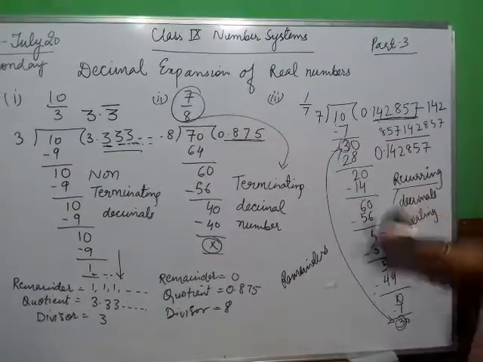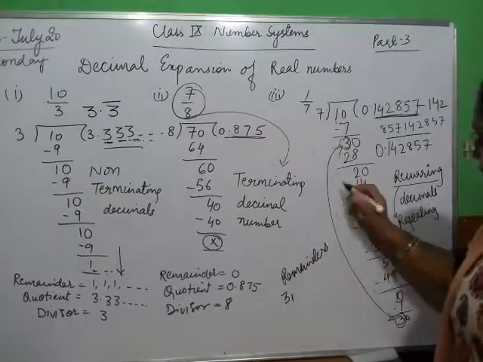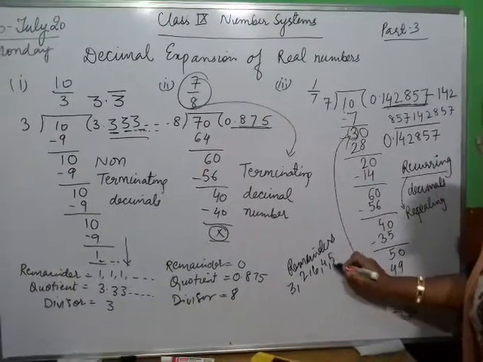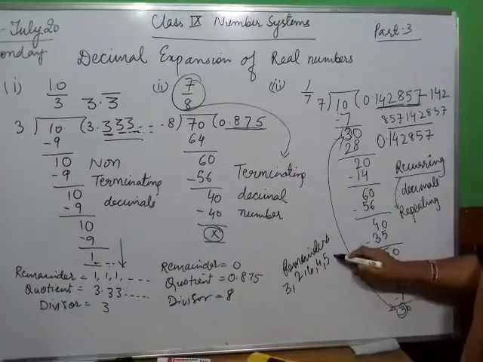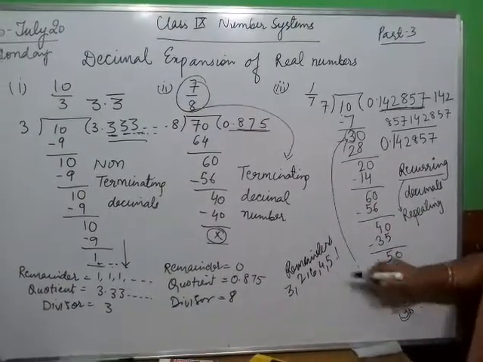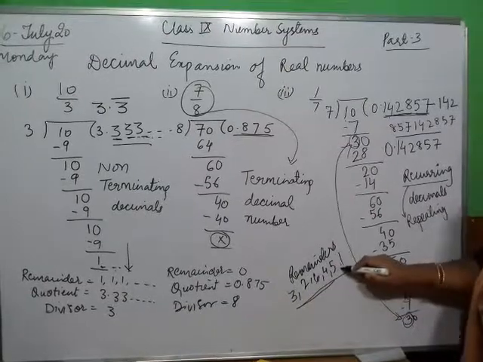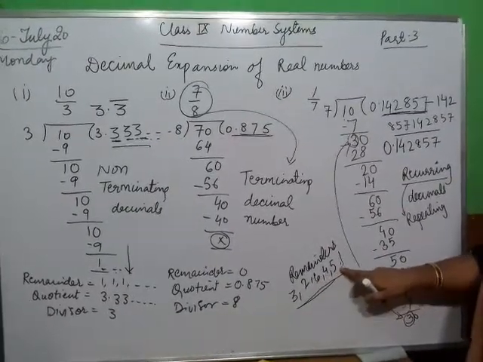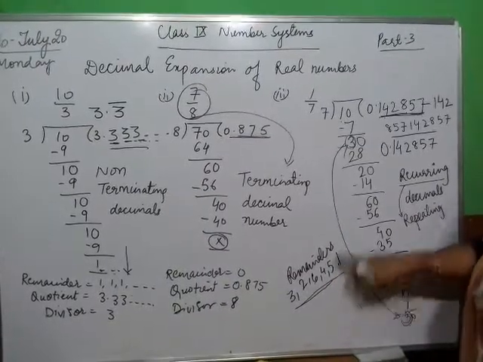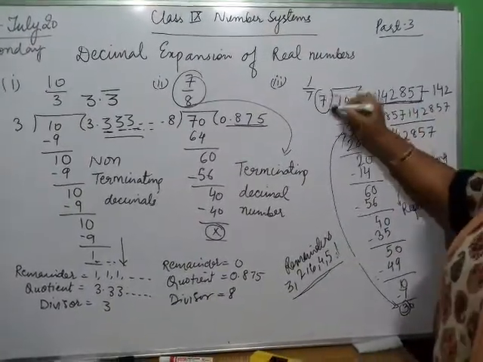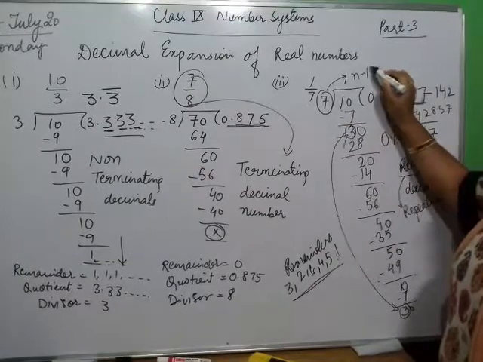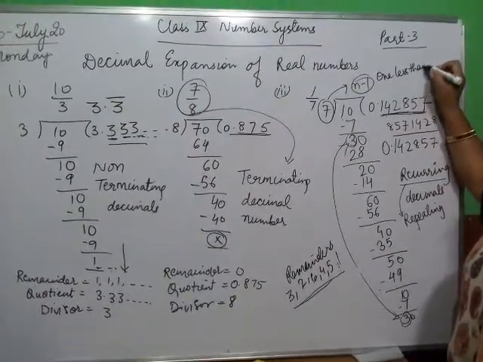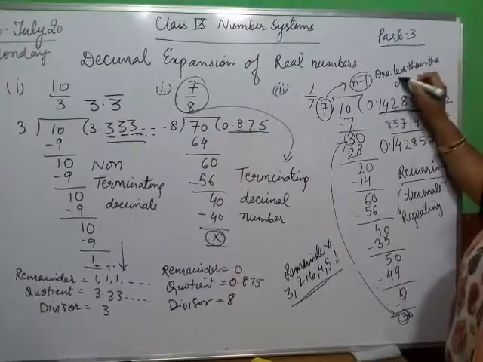Okay, so the number of digits being repeated: 3, 2, 6, 4, 5 and last 1. So these are 6 numbers. Always the number of digits which are repeated in remainders and quotient is 1 less than the divisor.